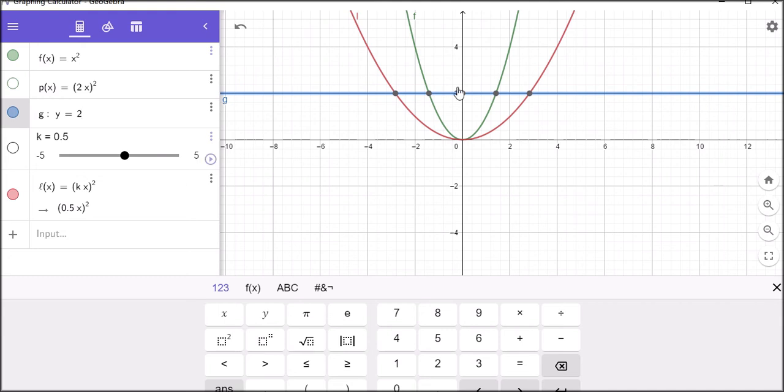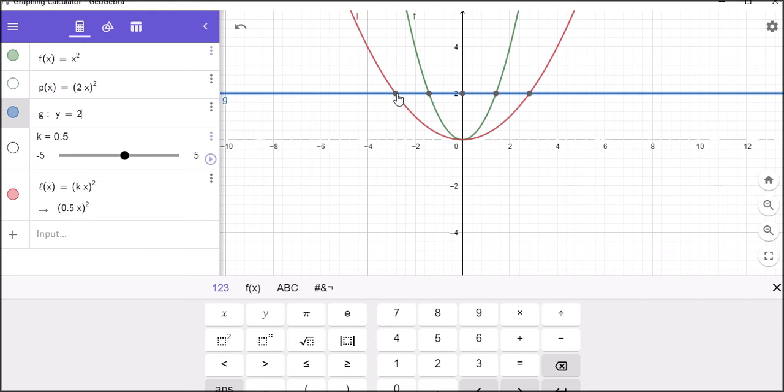So we can see the red one. When k is 0.5, that means 1 over k is 1 over 0.5, which is more than 1. That means it's a stretch. The graph stretches horizontally by a factor of 1 over 0.5, which is 2.